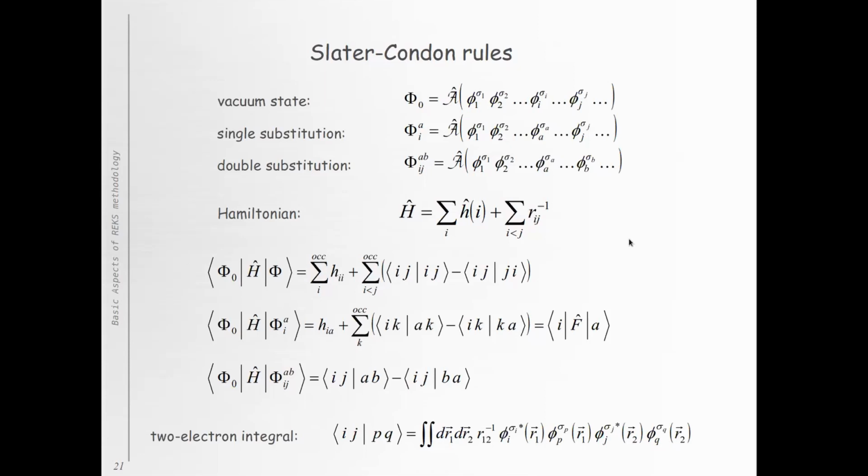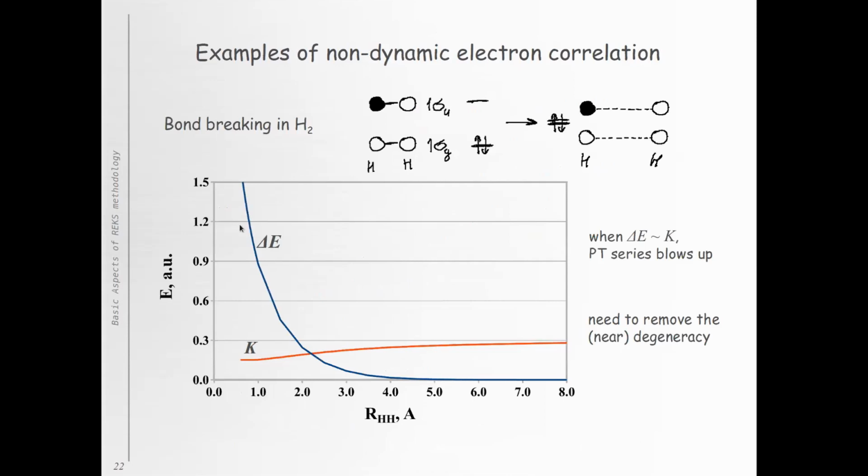So if we now look again at the perturbational expression for the correlation energy of the hydrogen molecule, we will see that the energy difference goes rapidly to zero, and at some point it becomes much smaller than the numerator. So the integral K is in the numerator, and delta E is in the denominator, right?